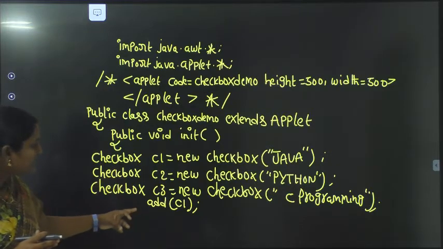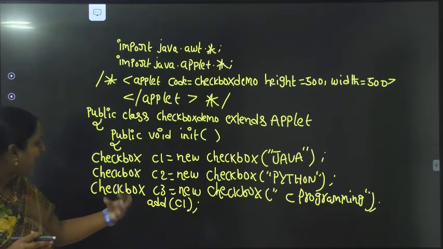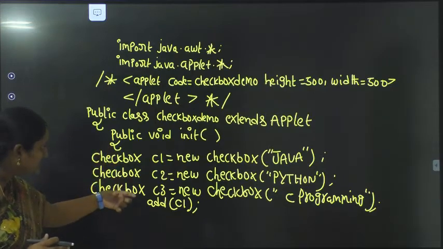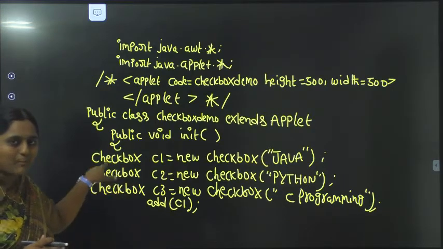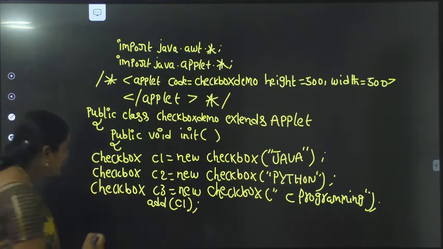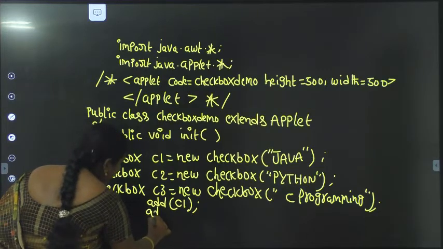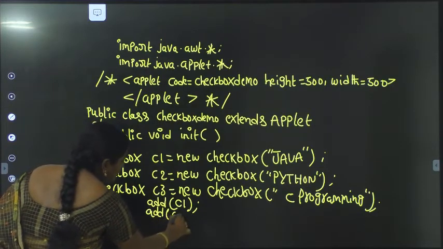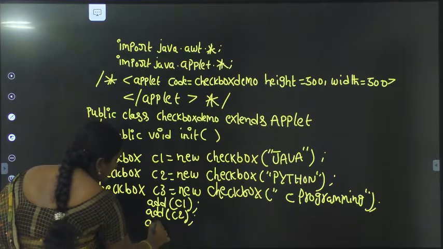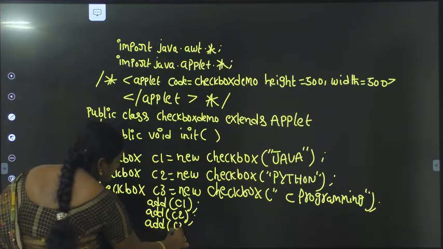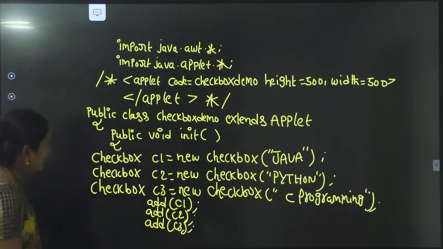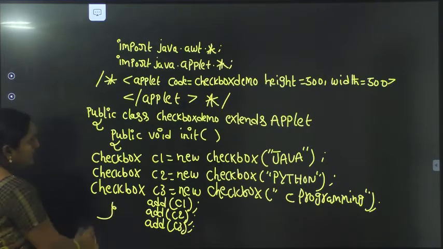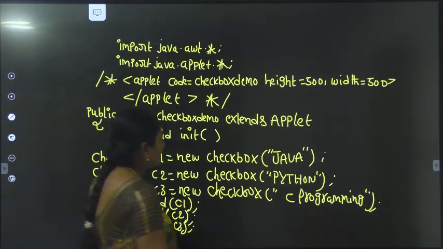So add c1, in the similar way add c2, and add c3. Next we close the init method body. After this, we have to write the paint method.